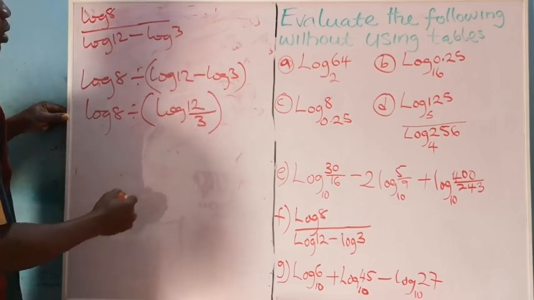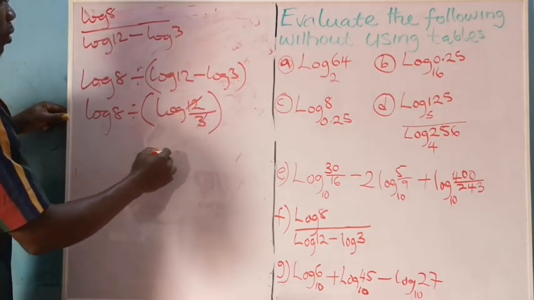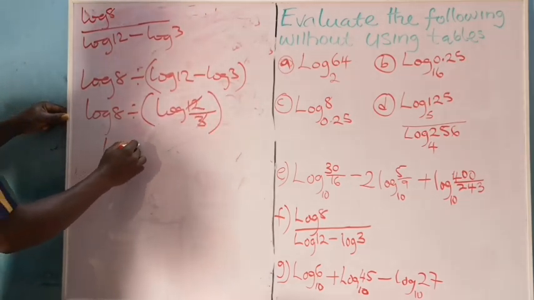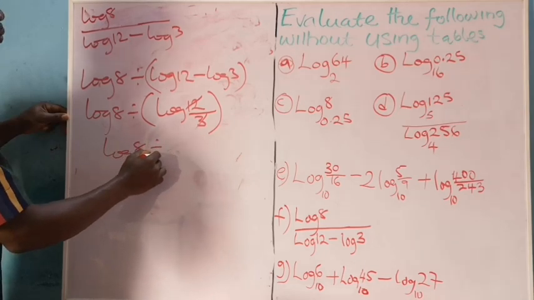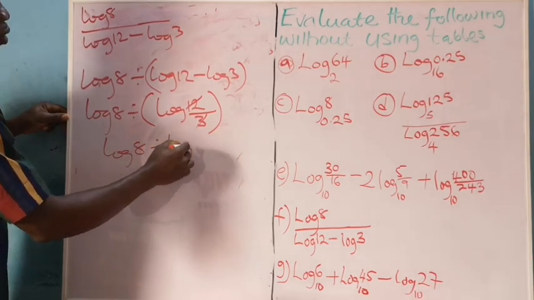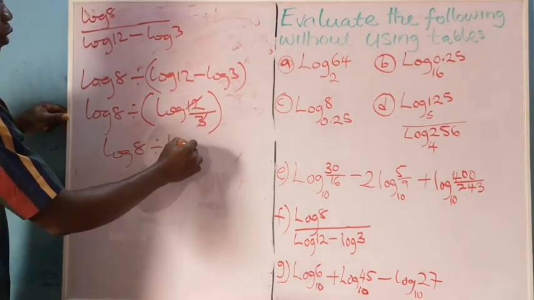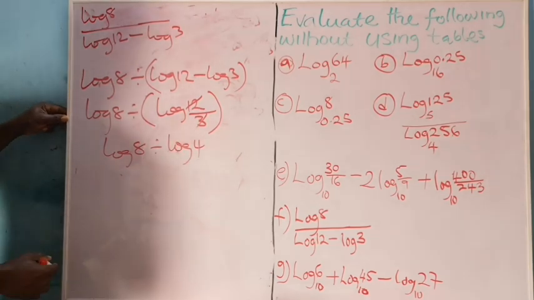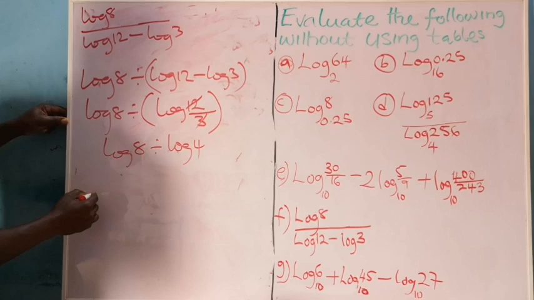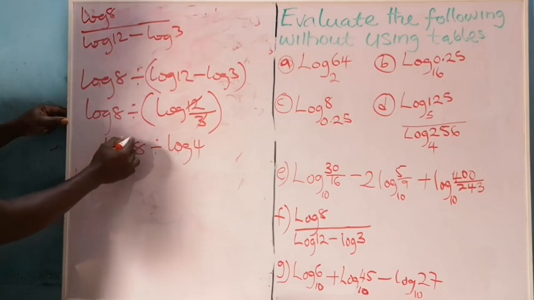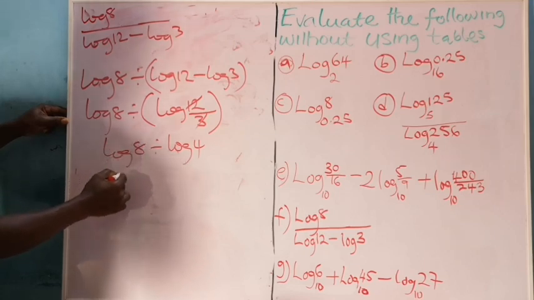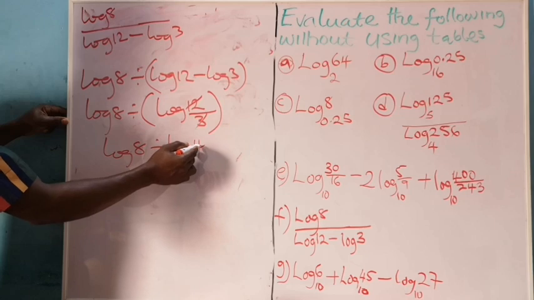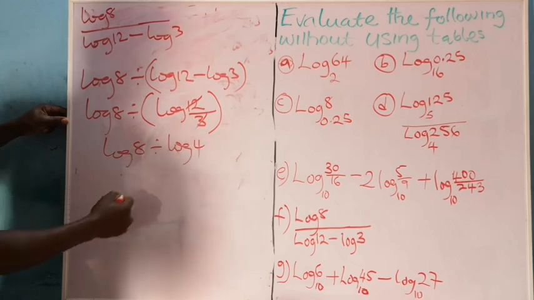Okay, so that we now have here log 8 divided by log 4. Okay, now we are going to rewrite this 8 in index form and also this one in index form so that the two of them will have the same base.